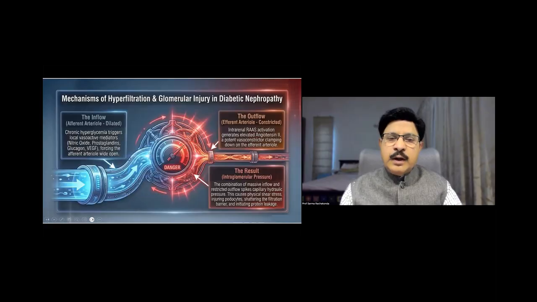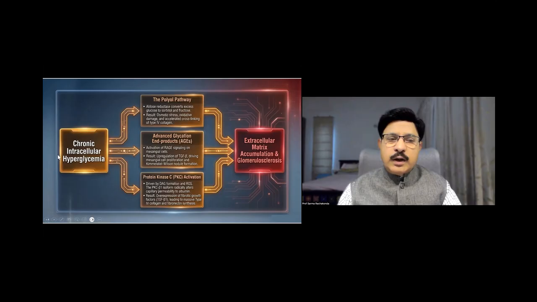So what happened? In the previous slide, intraglomerular pressure increased, protein leak, basement membrane changes, and podocyte effacement. Chronic intracellular hyperglycemia, the polyol pathway, advanced glycation end product pathway, and protein kinase C activation, all these three unfavorably work on the glomerulus, the extracellular matrix accumulates, and there will be glomerulosclerosis.